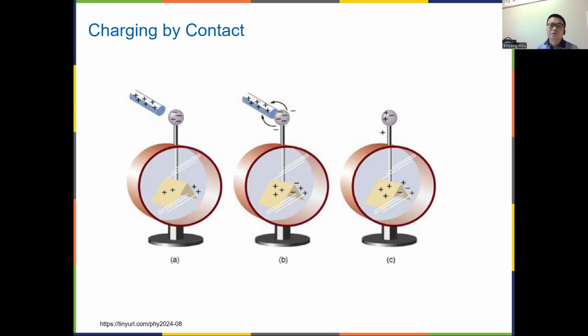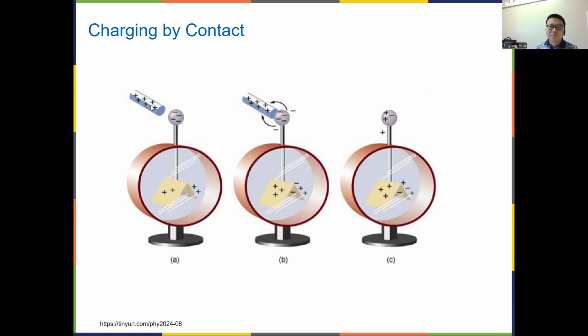You can also give charge to a material by contact. If you have a charged material in contact with an uncharged particle, the charge will distribute partially to the uncharged particle. Let's say you have a device like this, where the two pieces are flexible and can move.